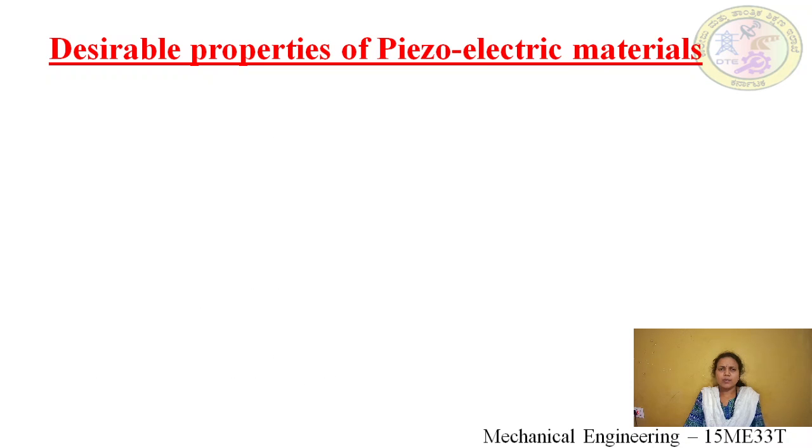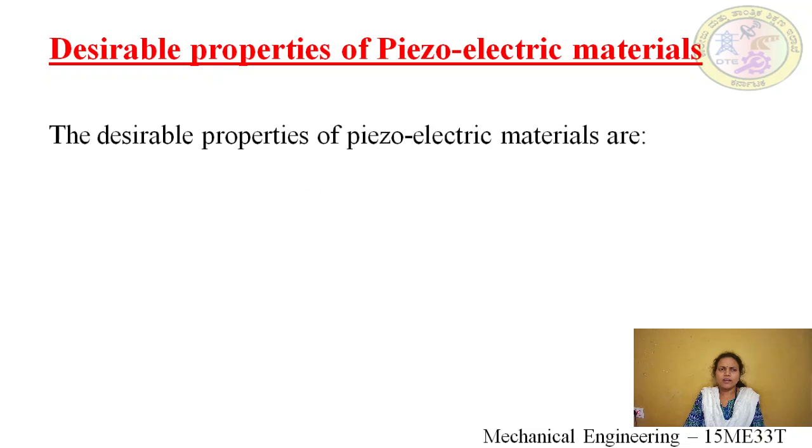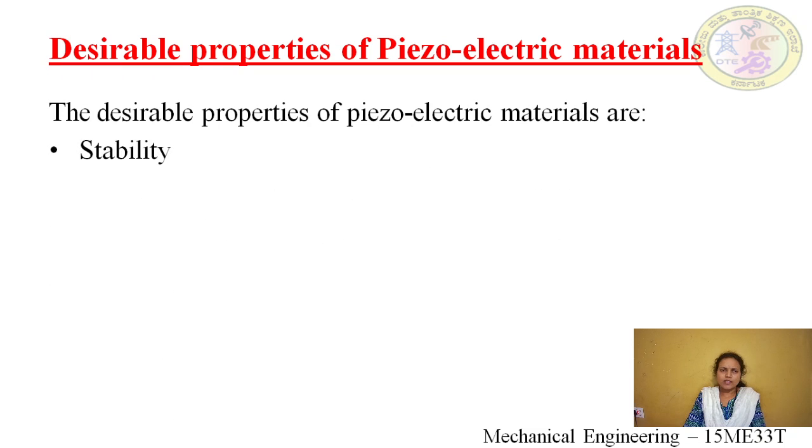Next we shall see some of the desirable properties of the piezoelectric material. Piezoelectric materials have stability. These materials are more stable compared to the others. As I said, quartz is the most stable material. Next, they give high output compared to the other materials.